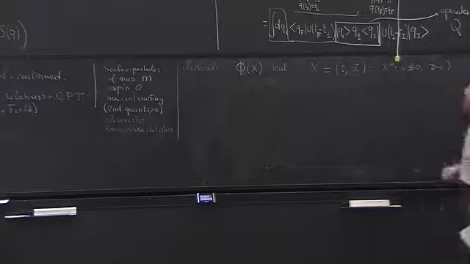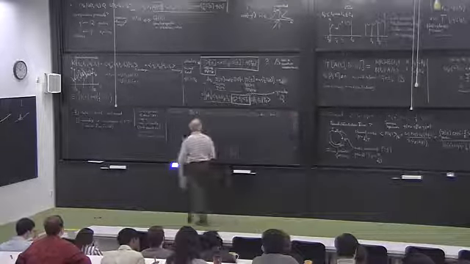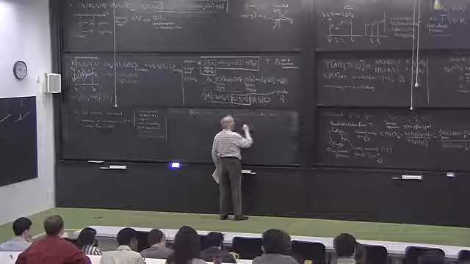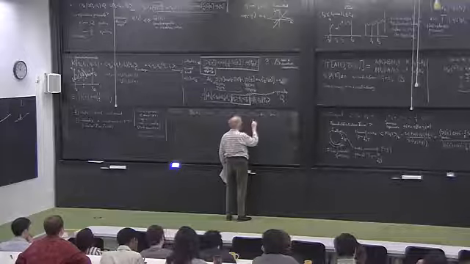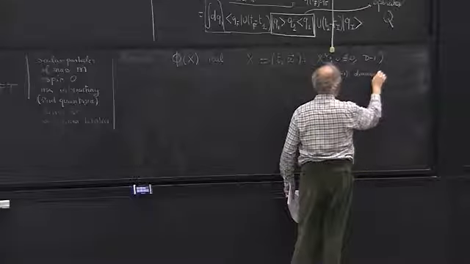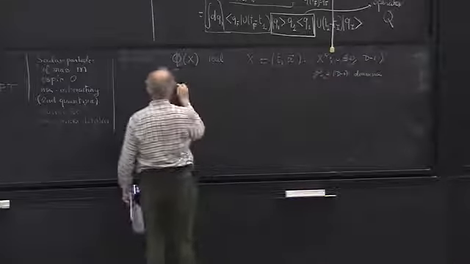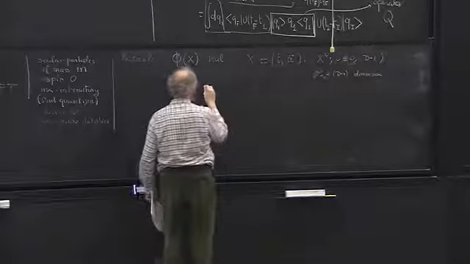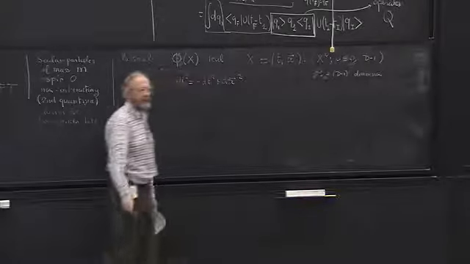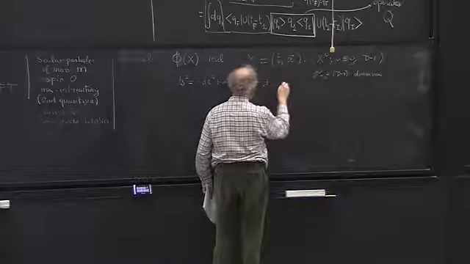So x0 is time, and x1 up to x d minus 1 is space. I am in 1 plus d minus 1 dimensions. And again, let me remind that I am going to use the notation ds squared equals minus dt squared plus dx squared. So the signature of space-time is minus, plus, plus, plus.